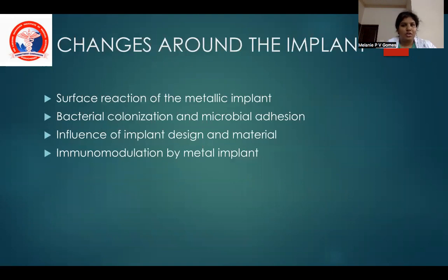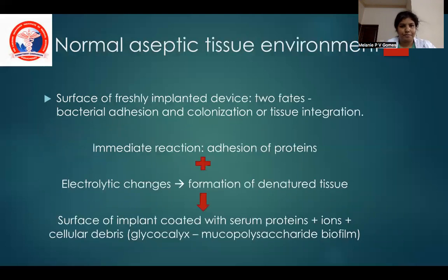What are the changes that occur around the implant? Physiological and pathological changes take place in and around the implant, and this can occur in 4 phases. First, the surface reaction of the metallic implant; bacterial colonization and microbial adhesion; influence of implant design and material; and immunomodulation by metal implant.